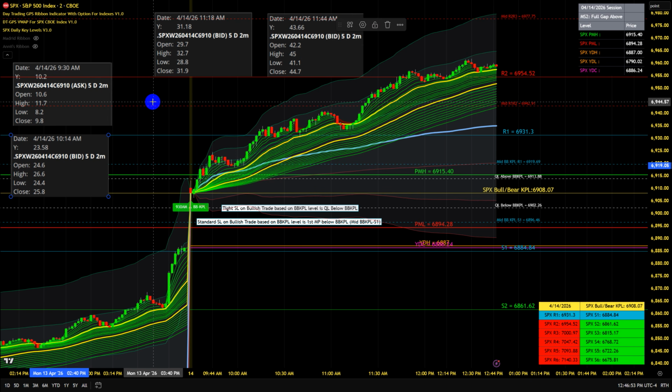0-DTEs are going to lose much more value, say after 1:30, 2 p.m., versus the 1-DTEs that expire the next trading day. So that's just something that you need to be aware of.